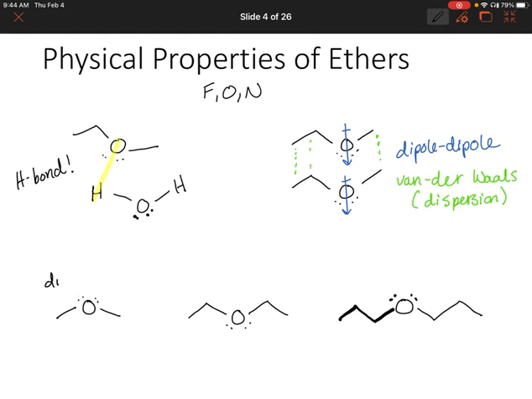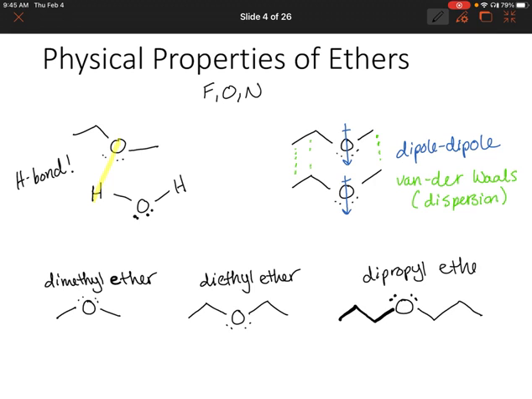So this is dimethyl ether on the left, diethyl ether in the middle, and dipropyl ether on the right. Which one do you think has the highest boiling point and why?